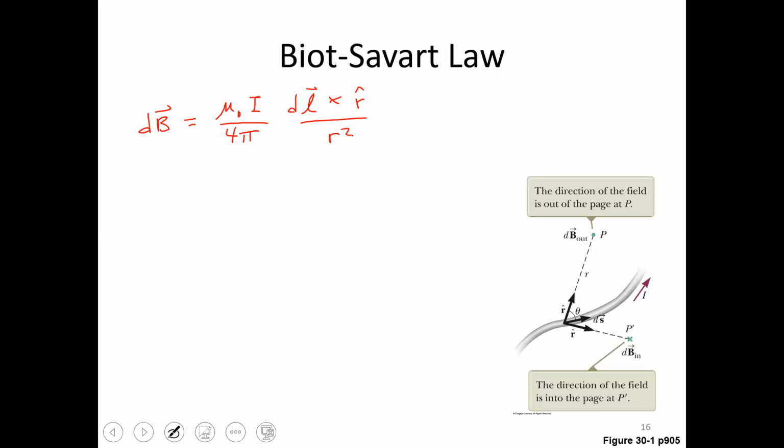And here again, r is this radial distance. So that just means straight line distance, a ray, a radial distance to a point where you're evaluating or measuring the magnetic field.